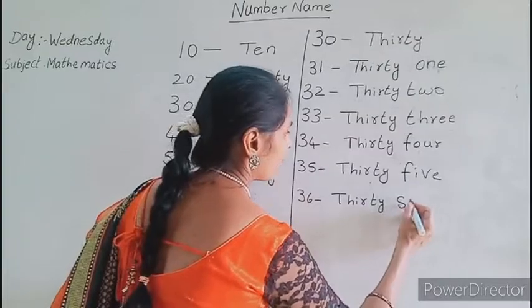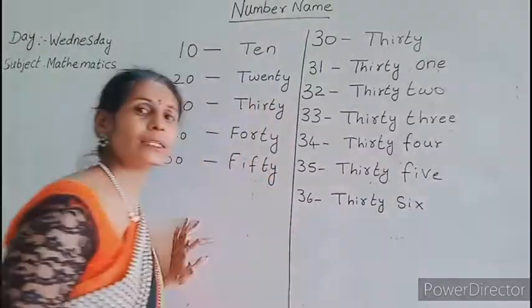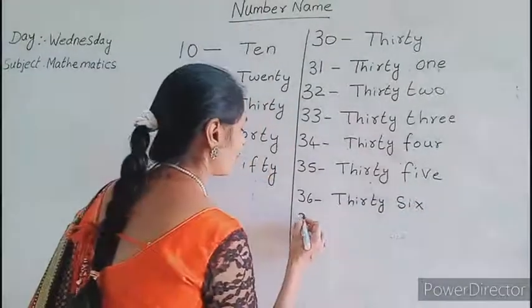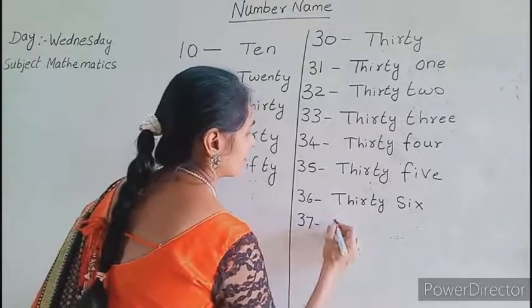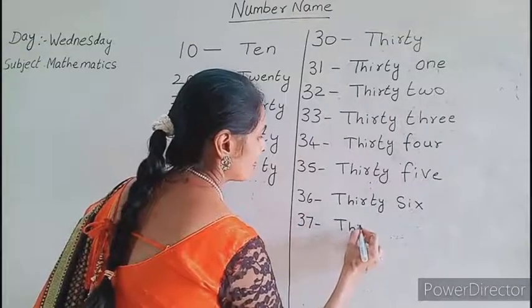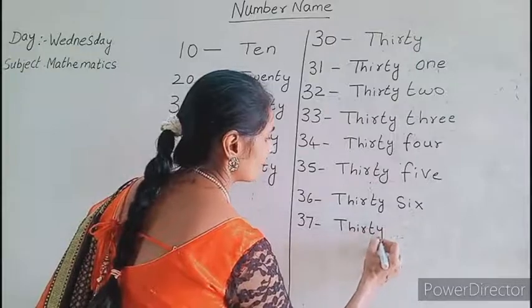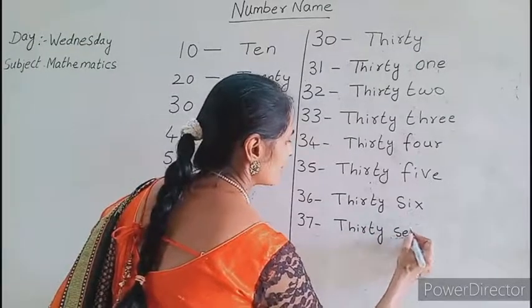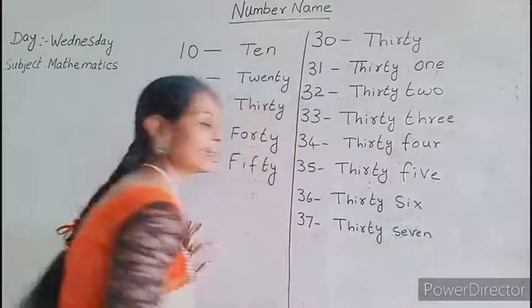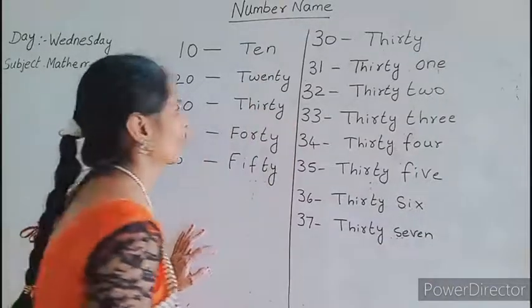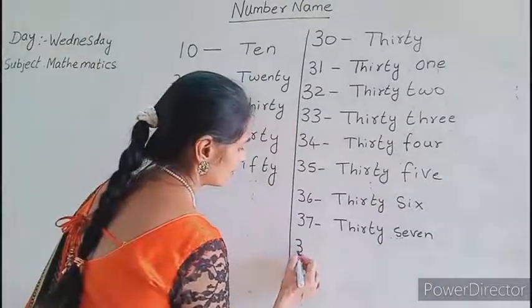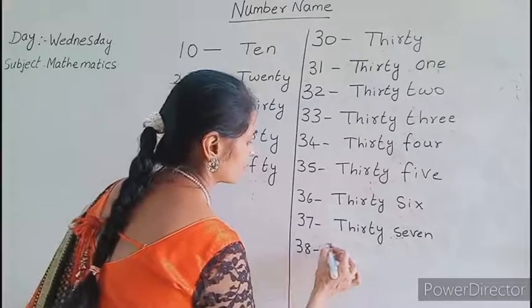T-H-I-R-T-Y, 30. S-I-X, 36. Now T-H-I-R-T-Y, 30. S-E-V-E-N, 37. Then 38.